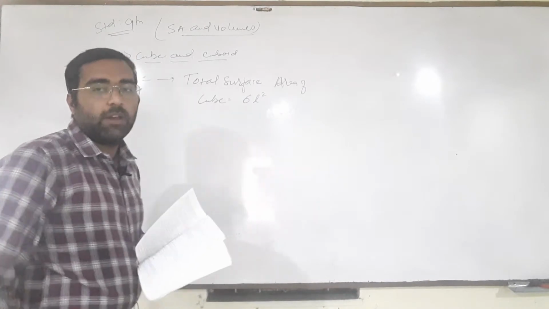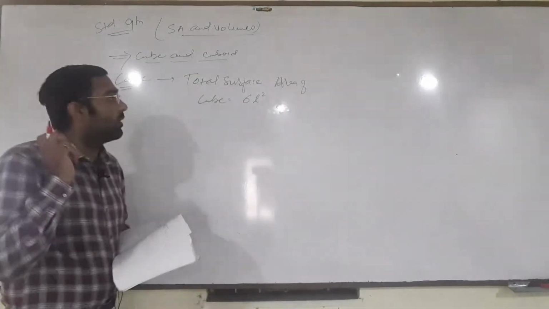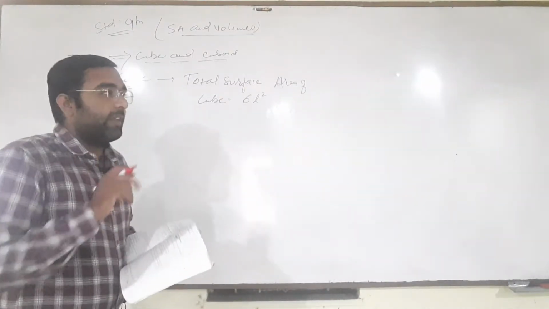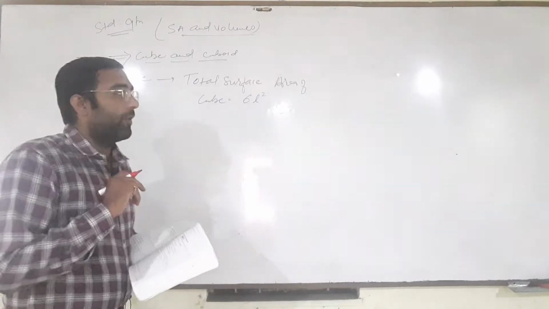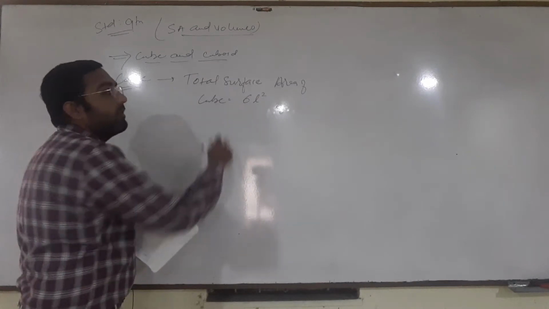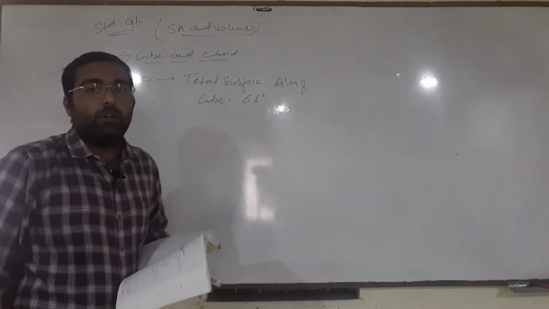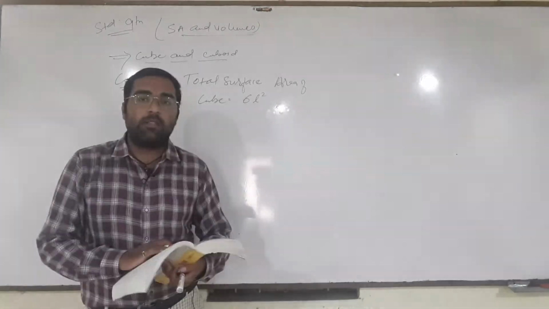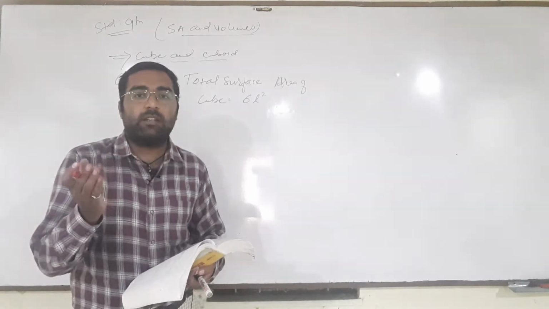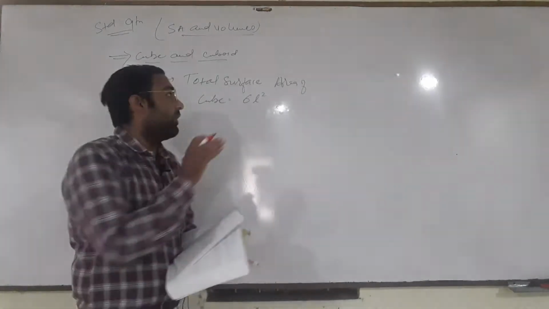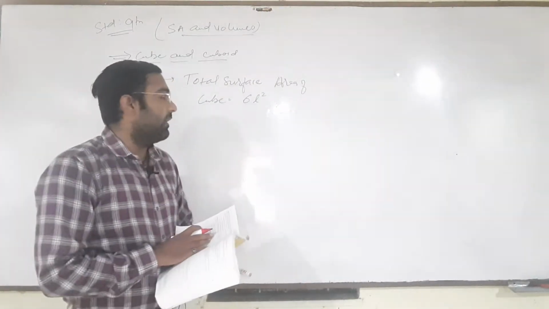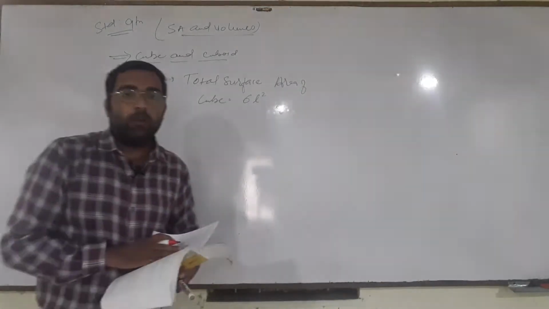As we learned in the cuboid, there are six faces of the cube and cuboid, therefore we are multiplying 6 to the side square. In the cube we know that the area of one surface of the cube is L square, side into side, that is side square. Now there are 6 faces, so the total surface area of the cube is 6L square.